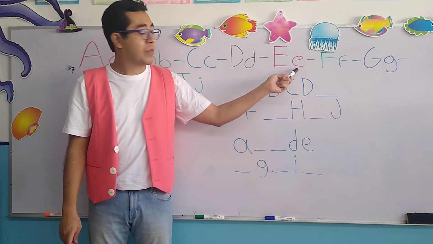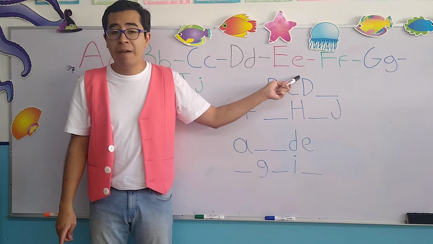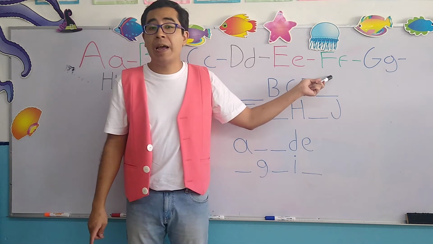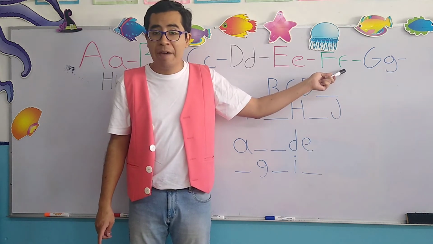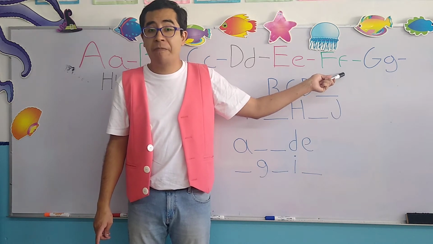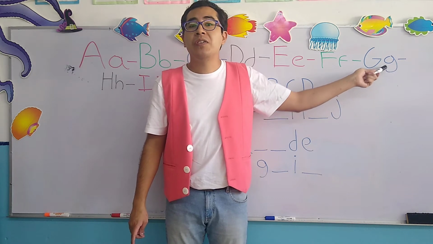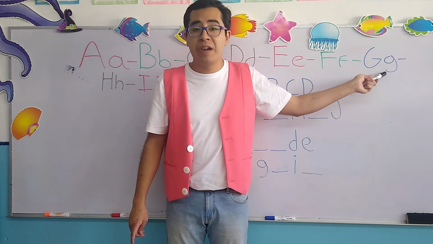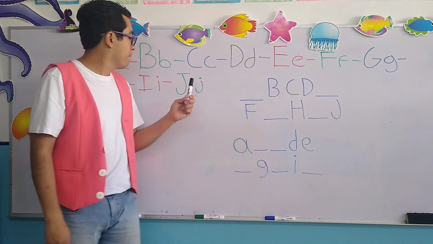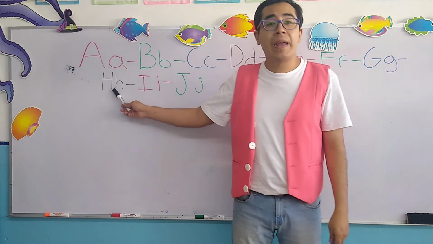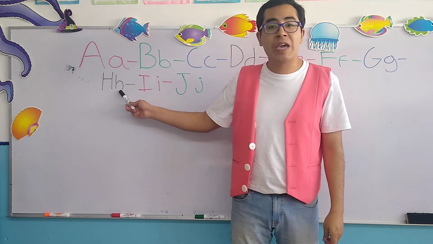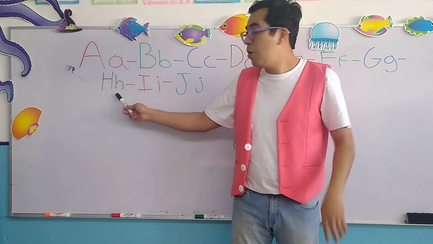Capital E, small e, for elephant. Capital F, small f, for fish or Frida, which is the name of a girl. Capital G, small g, girl. Capital H, small h, for hands or hammer.